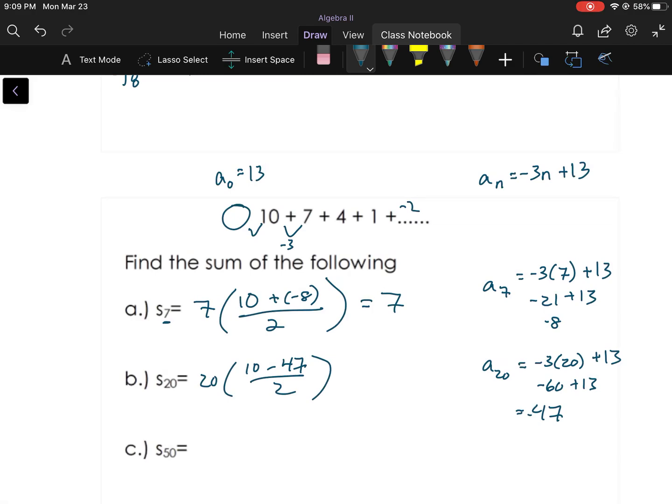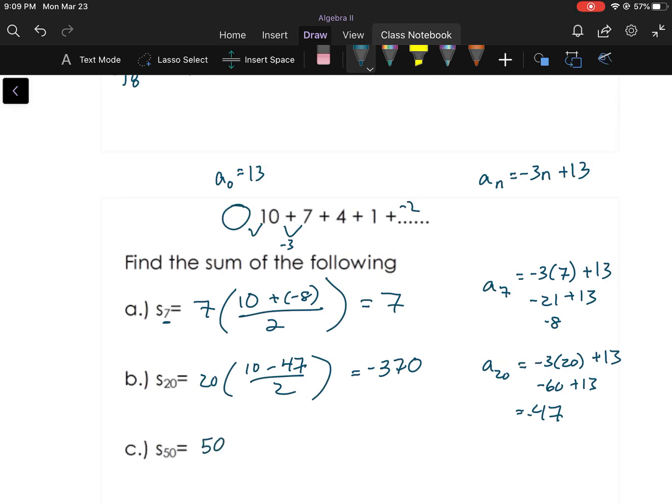So 10 minus 47 divided by 2 times 20, and I get negative 370. Again, it's possible because we're talking about a lot of numbers in there. If the first 4 numbers are positive, then the rest are negative, I'm going to get a negative answer.